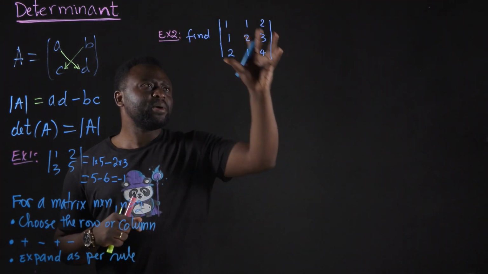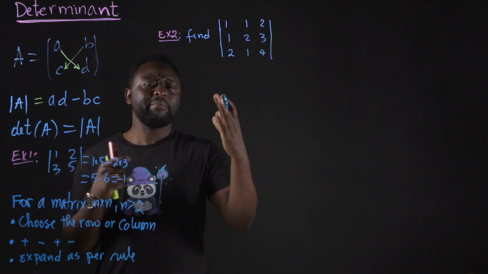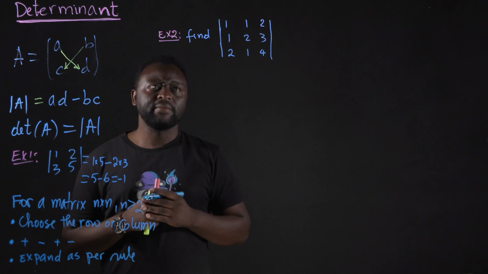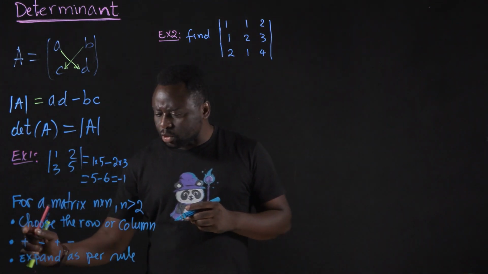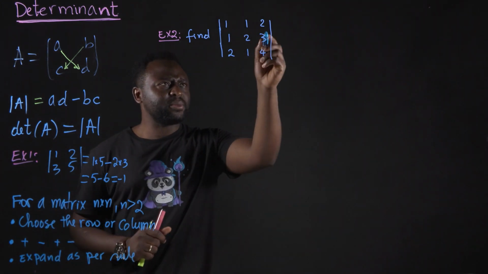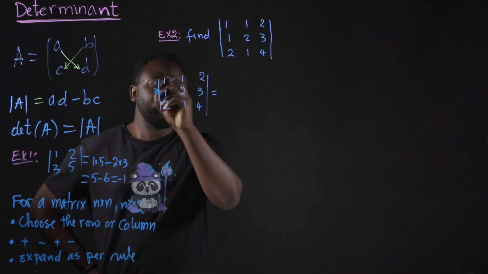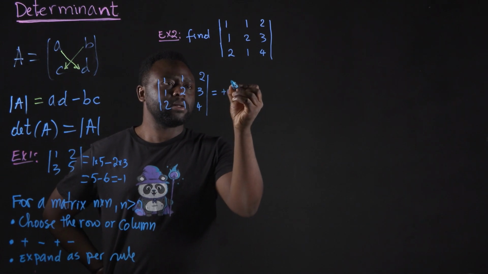So as an example, we want to find this determinant, okay, the determinant of this matrix. Remember, I already explained that in the notation, this bar means determinant, okay? So we want to find this determinant. And as I explained here, we have to choose to expand following a row or a column, okay? So let's start with the first column. We have this determinant. If I fix the first column, then this 1 is plus 1.